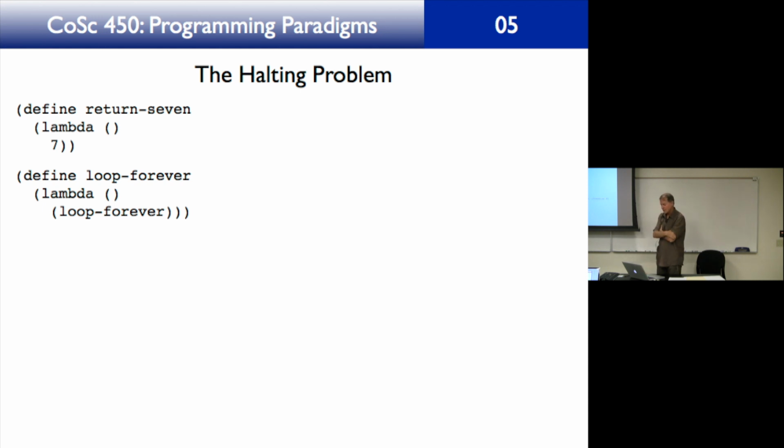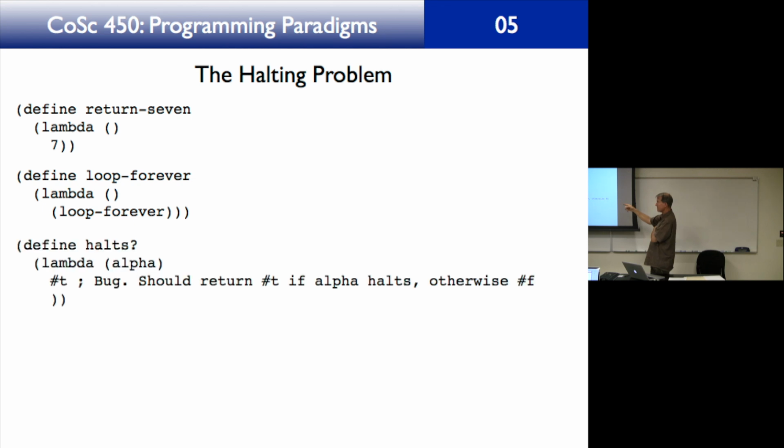So, actually that should be on this slide somewhere. So we will assume that you can write it. And what's the name of this program that we are going to write? Halts? Are you with me? And it's lambda, and how many parameters does halts take? 1. And that thing that it takes is a program, right?